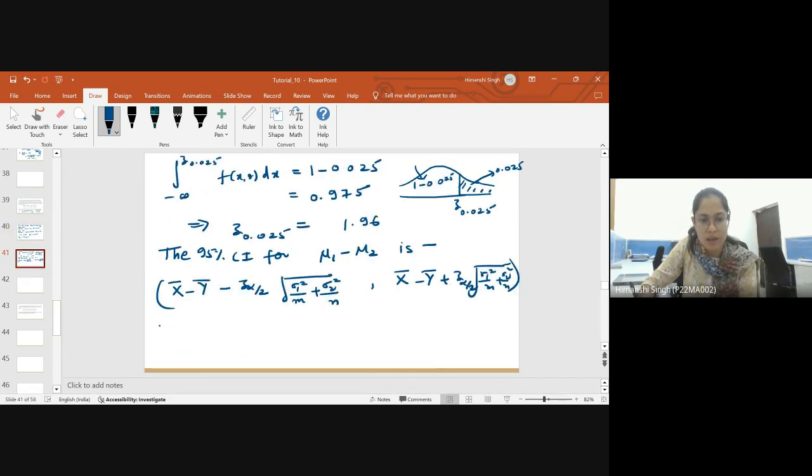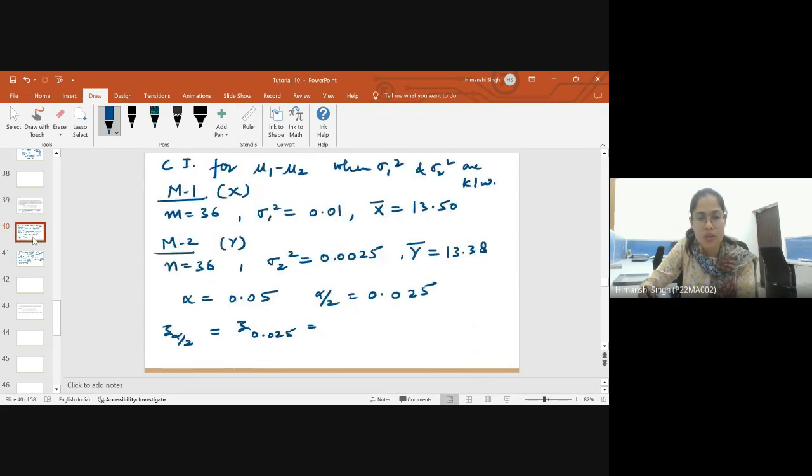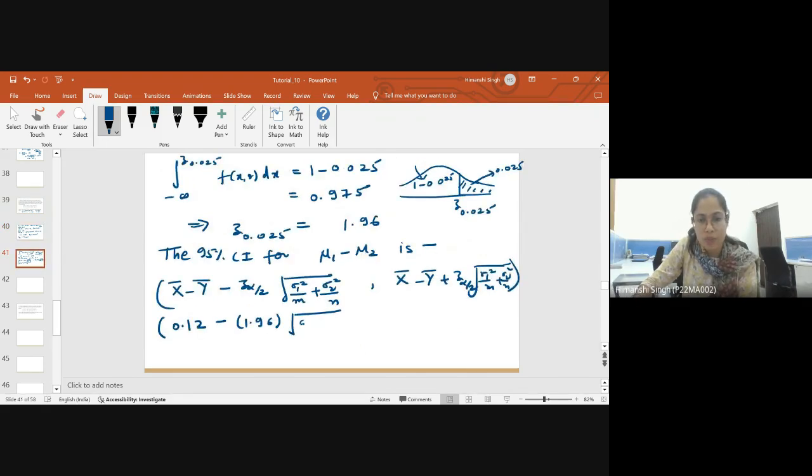So x bar minus y bar is 0.12, minus Z alpha by 2, which is 1.96, into under root of sigma 1 square, which is 0.01, so 0.01 by 36 plus 0.025 by 36.